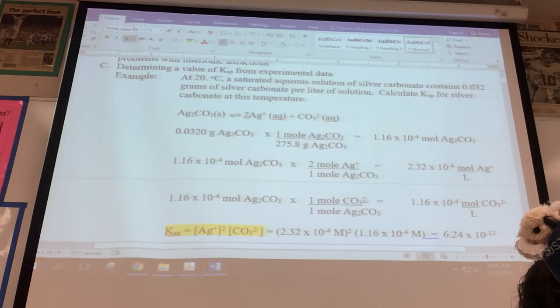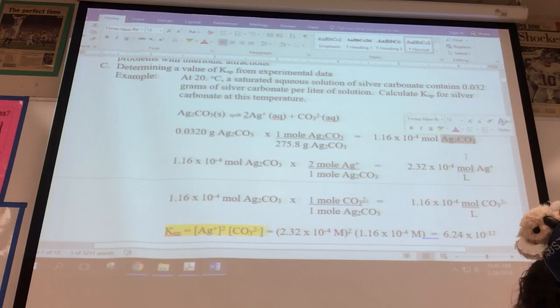So what they give us is 0.032 grams of silver carbonate. From that, we can calculate how many moles of silver carbonate there is simply by dividing by the formula mass. And then we can calculate moles of silver ion, the 1 to 2 mole ratio, and moles of carbonate ion.